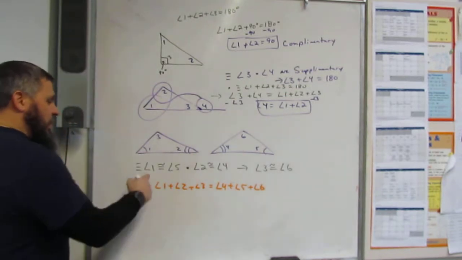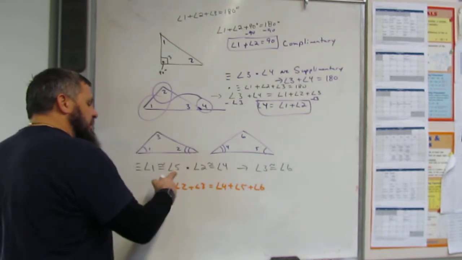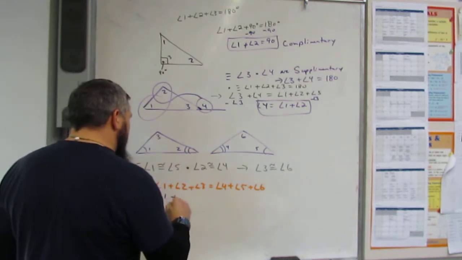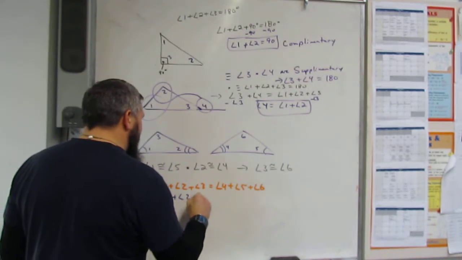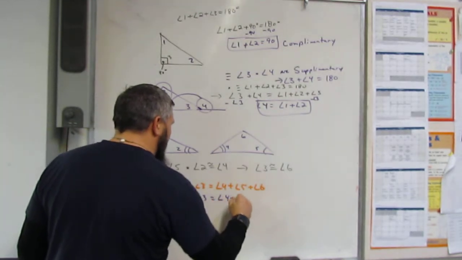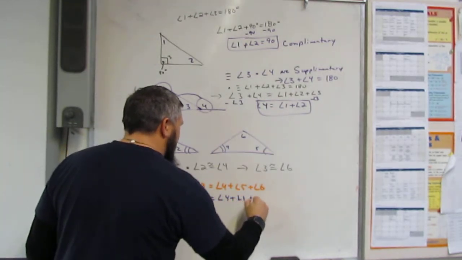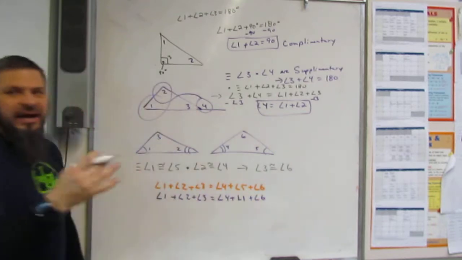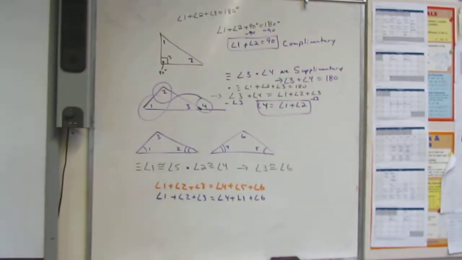And then I say that 1 is equal to 5. So that means angle 1 plus angle 2 plus angle 3 is equal to angle 4 plus angle 1 plus angle 6, because 1 and 5 are the same. Substitution.